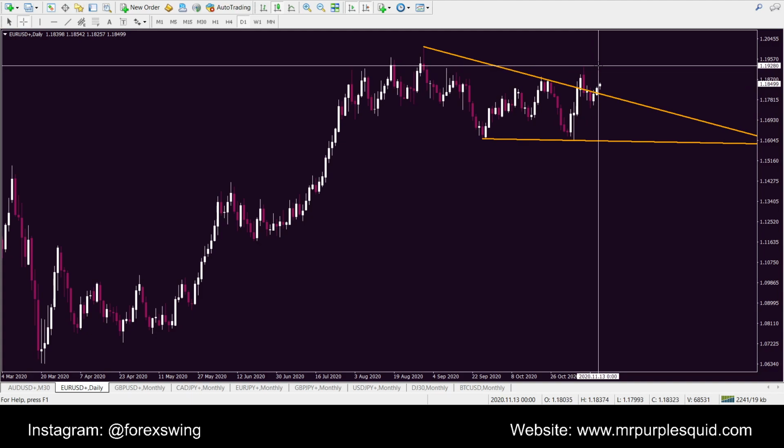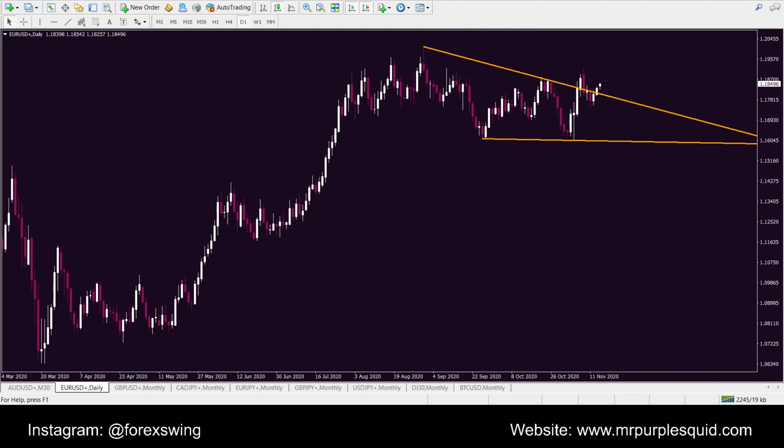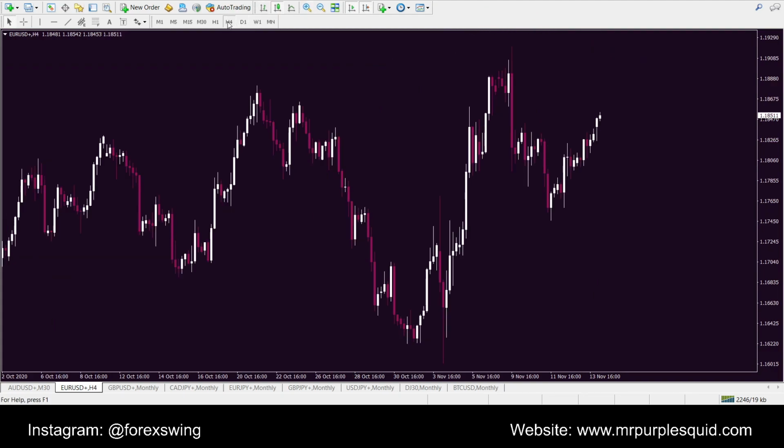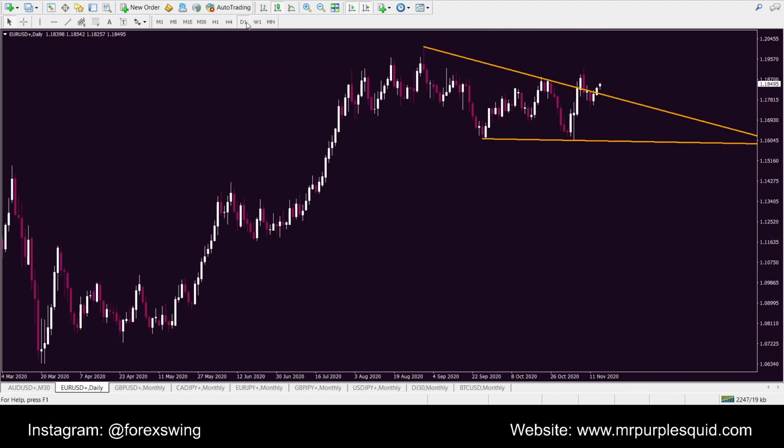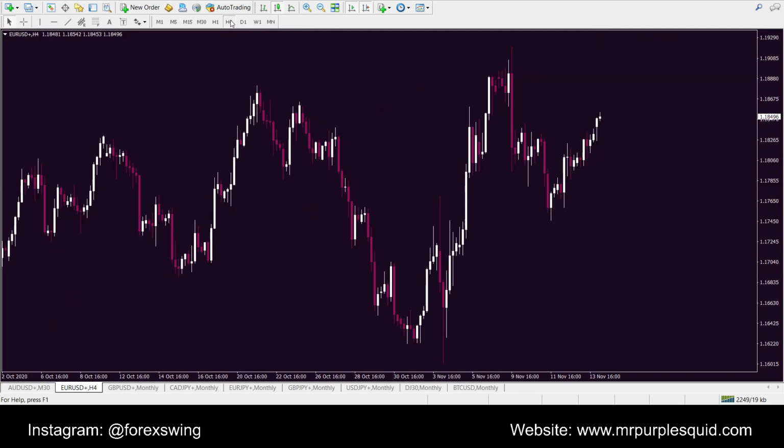And looking at USD, I would be comfortable also taking a buy above this area if I get the confirmation that I need. H4. So looking at it, the daily, yes, definitely I would take an entry above here. But looking at H4, nah, I wouldn't.